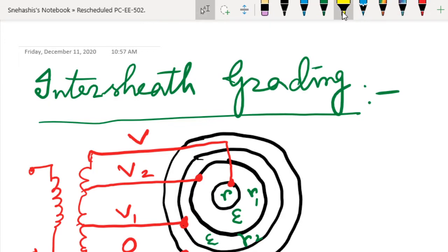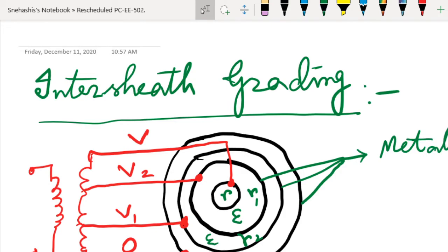So this thing, this thing and this thing, they are metallic sheets.